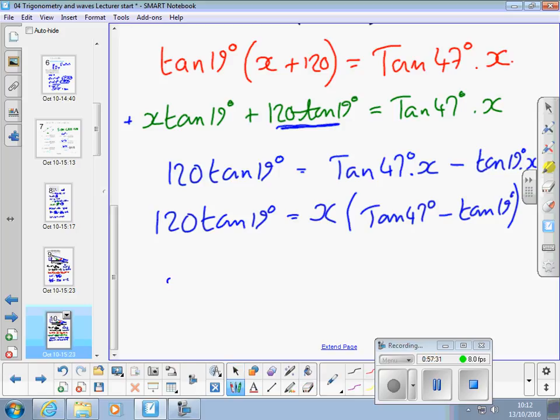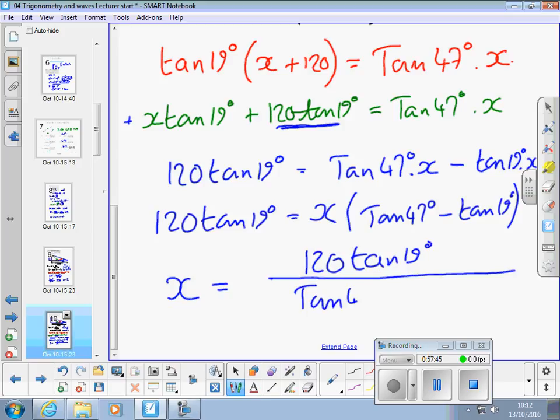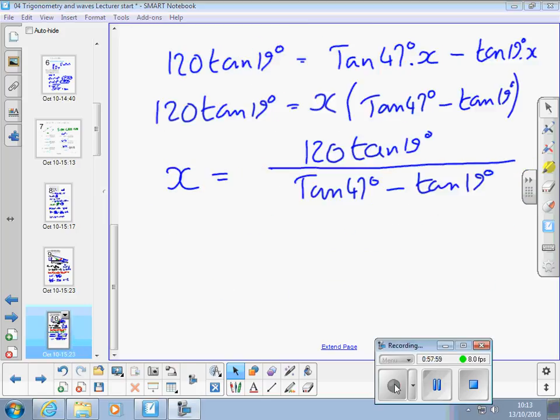And lo and behold, we've got x on its own, because x is this side, 120 tan 19 degrees, over all of that bit in brackets: tan 47 degrees minus tan 19 degrees. Bang that in your calculator and find x. So x equals 56 point what?